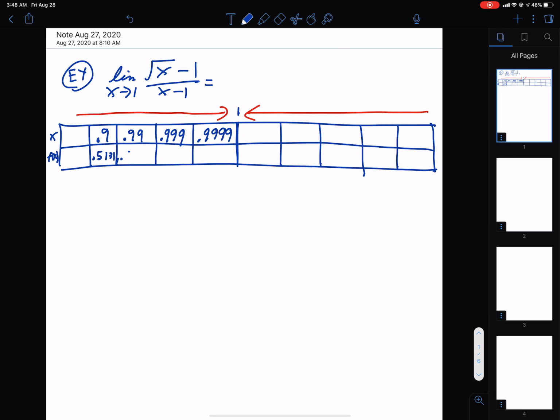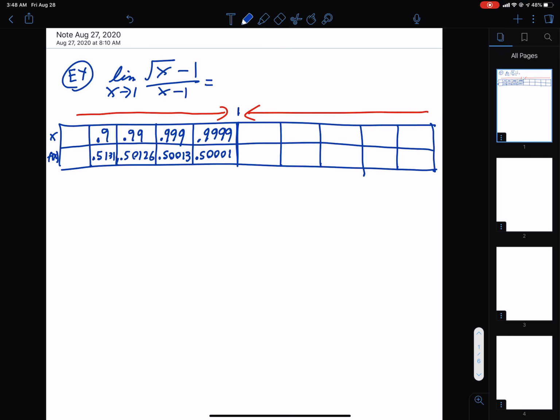The next one is 0.50126. The next one is 0.50013. The next one's 0.5001.